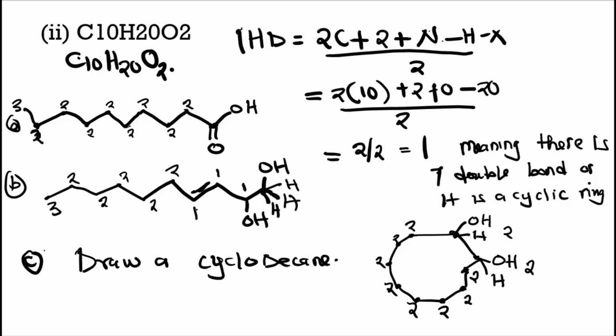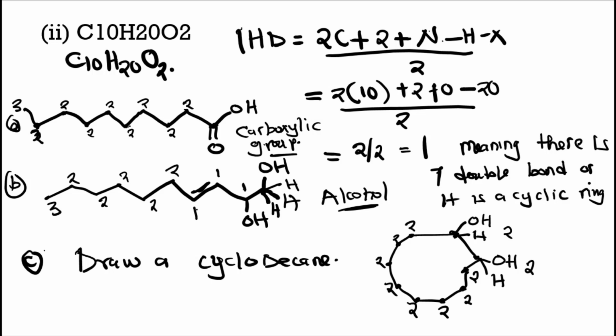Now, what are the functional groups here? Here you've got a carboxylic acid. So carboxylic functional group: this is the functional group for the first structure. Okay, and then this functional group here is an alcohol. So this is an alcohol, this is a carboxylic group.